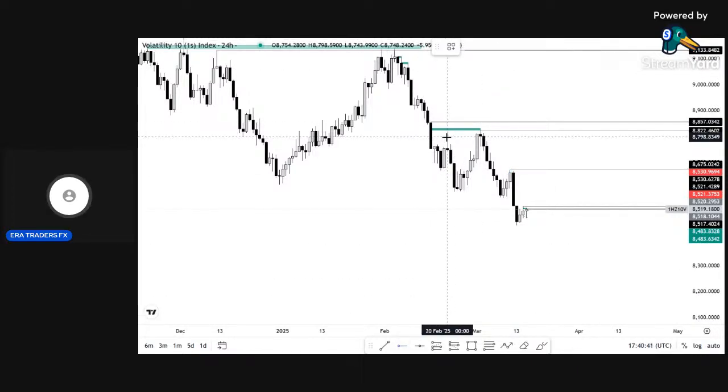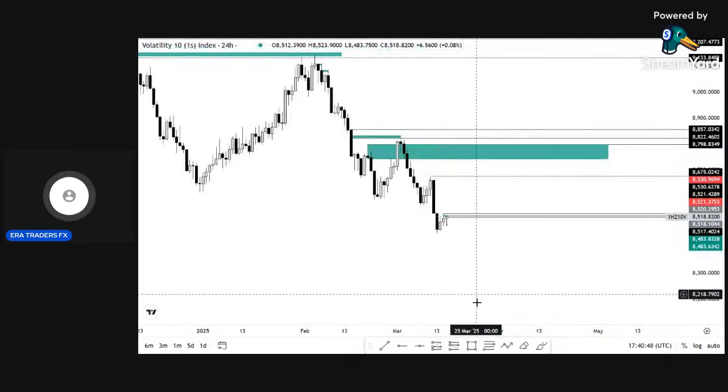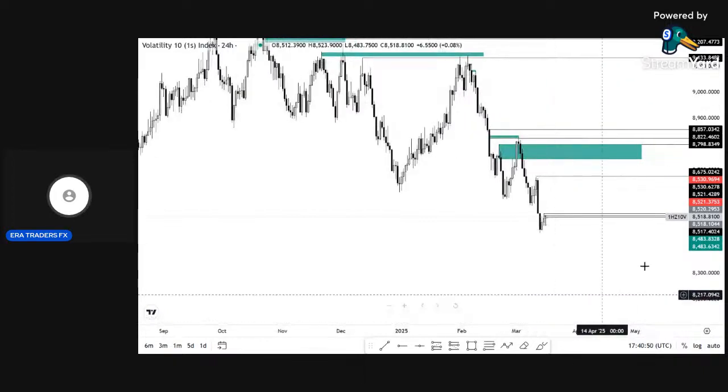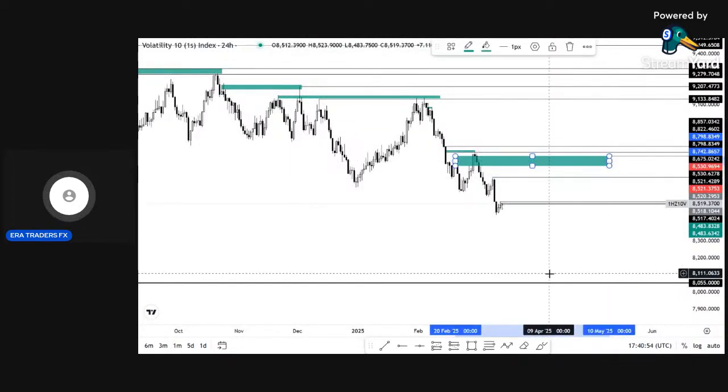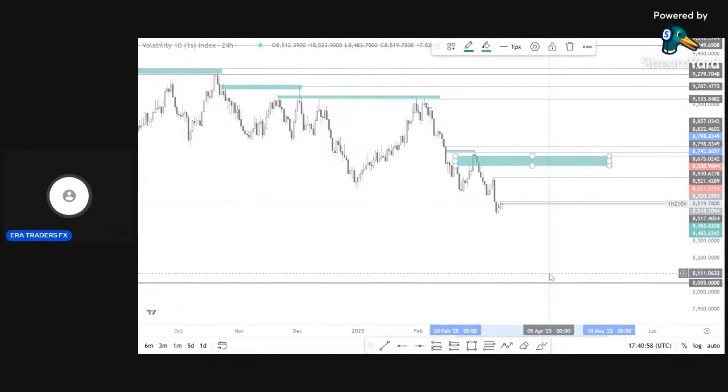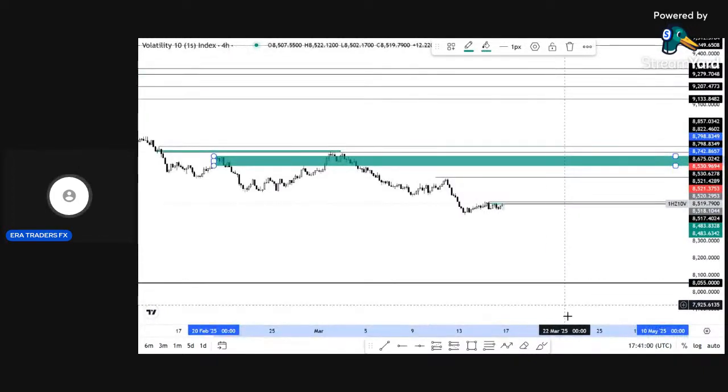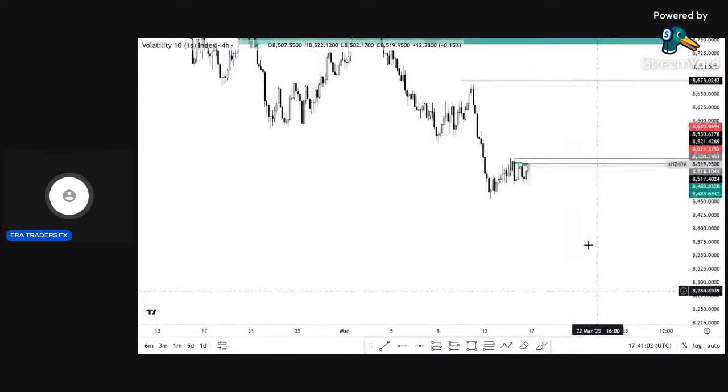This was our sweep, and that becomes our protected high. So this is the entry and all, but that's on the higher time frame. Do you get? You might also go down to the lower time frame, like a 4-hour time frame, to see what's basically happening right there to judge, right?